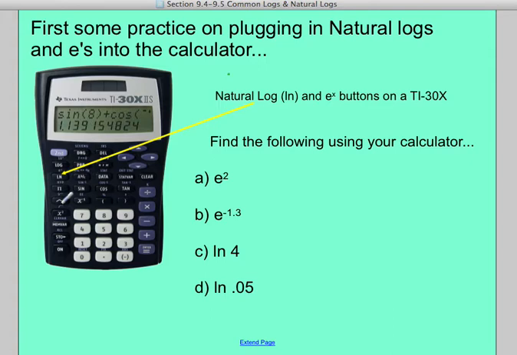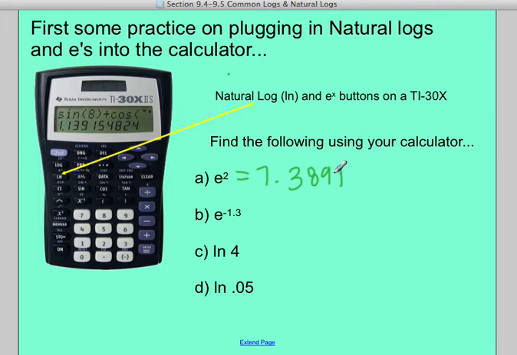We're also going to round these to 4 decimal places. So we have e to the second. That is 7.3891.